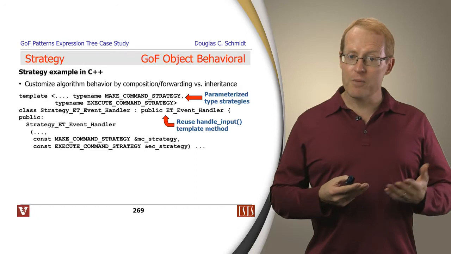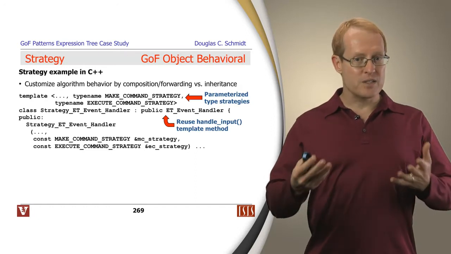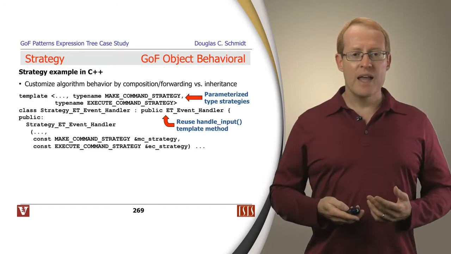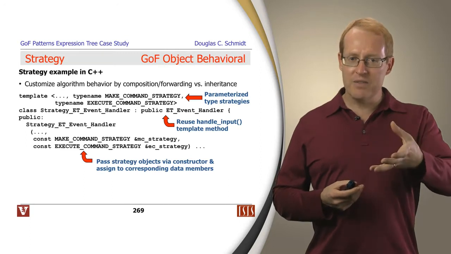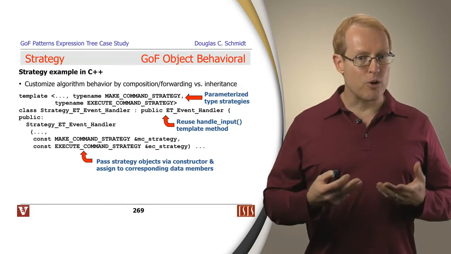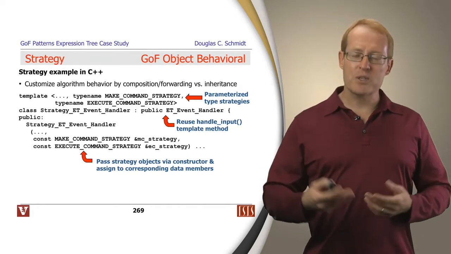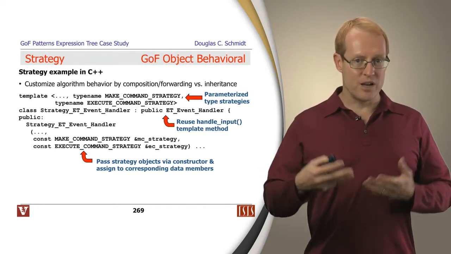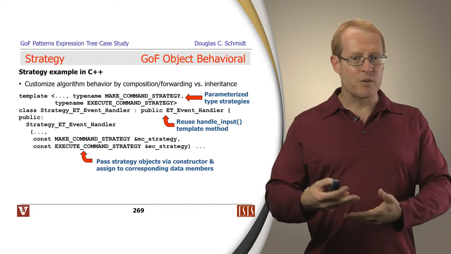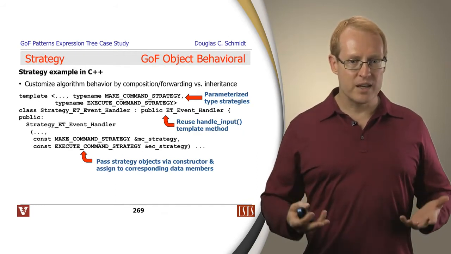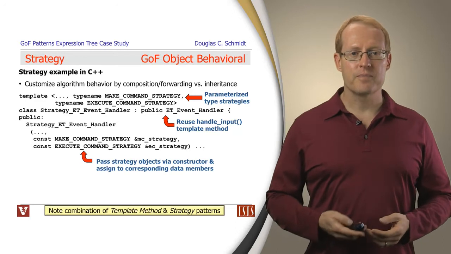We inherit from ET event handler, so we get its template method and its hook methods. And then we pass in the various instances of our parameterized types to the constructor of this class, and we stash them away in data members of the same name that keep that information for the various hook methods and other parts of the class to do their thing.